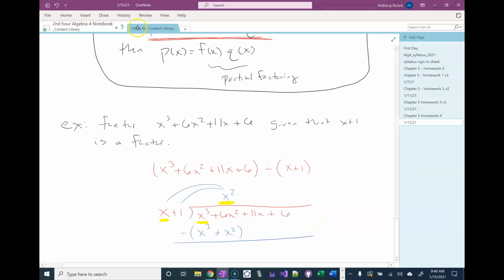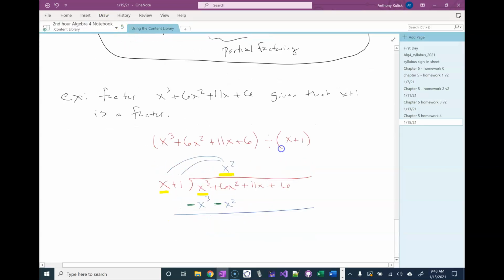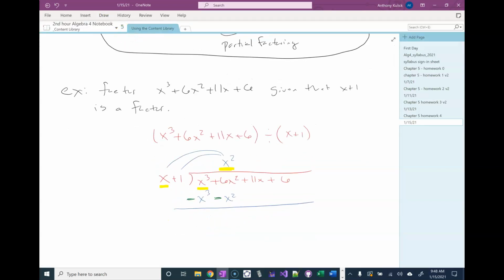Before I do that, I want to distribute the negative though. So negative of a positive is negative. And then negative of a positive is negative. And now I can just add straight down. So x cubed minus x cubed is 0. 6x squared minus 1x squared is 5x squared. And then I'll bring that next piece down and go back to the top.